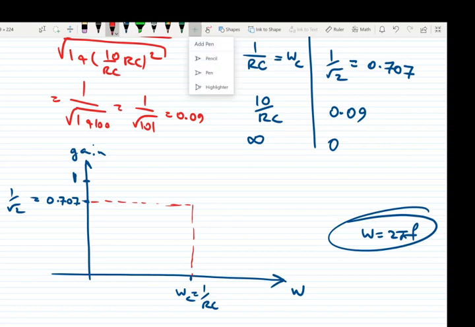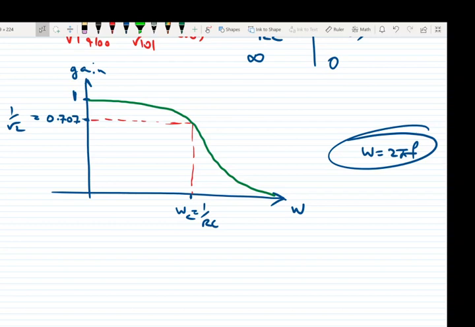Now it's time to complete the frequency response. So this one is the complete frequency response of the circuit, and this one is the passband, and this one is the stop band.